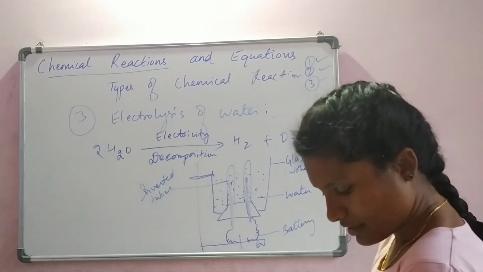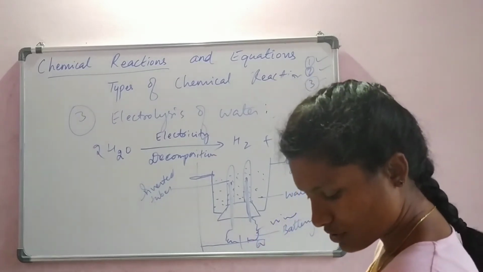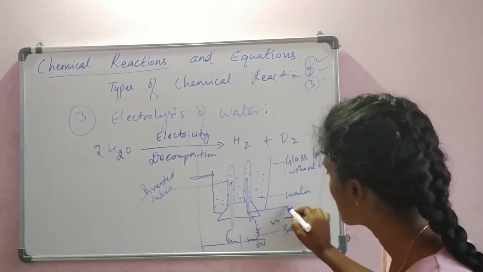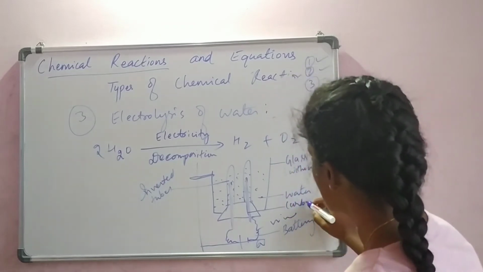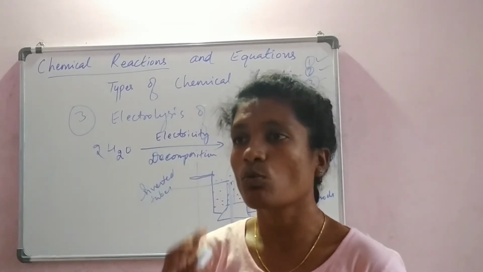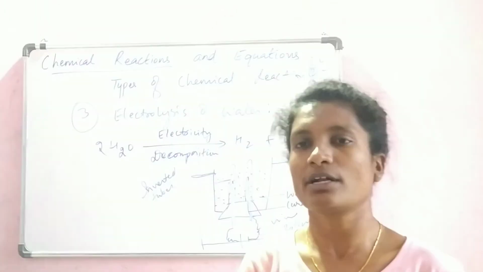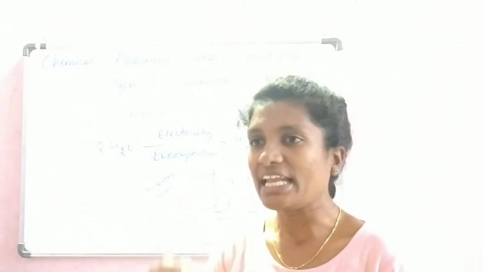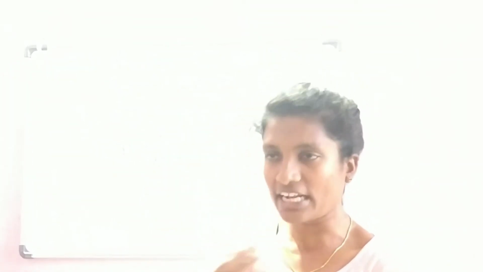Next, we have the switch here. This is wire, all that is understood. These are carbon rods. I'm sorry, it is not copper rod, it is carbon rods. We are using 2 rods, right? So one will be anode, the other one will be cathode. What is this anode and cathode? One carries positive charge, whereas the other carries negative charge.